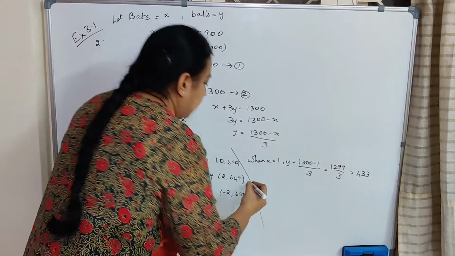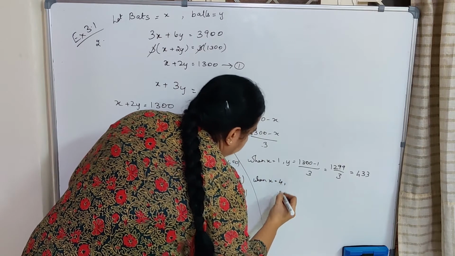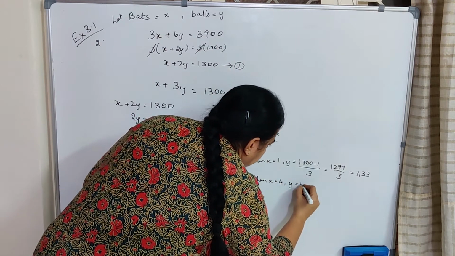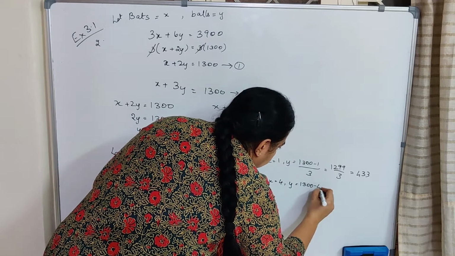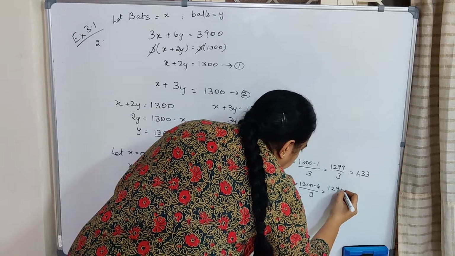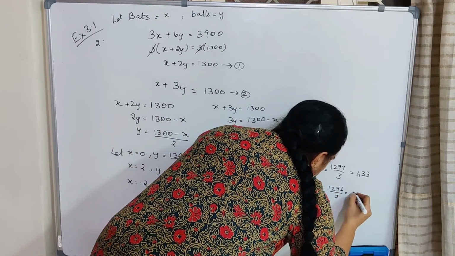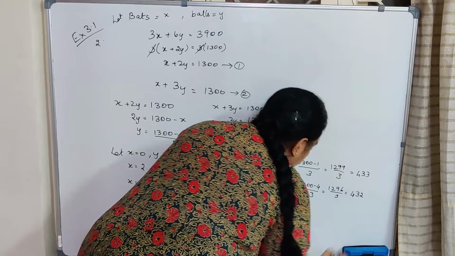Okay. So the next number, when x is equal to 4, I am going to consider y is equal to 1300 minus 4 by 3 and that is equal to 1296 by 3 and that is 432.